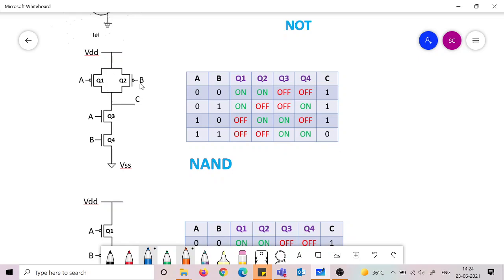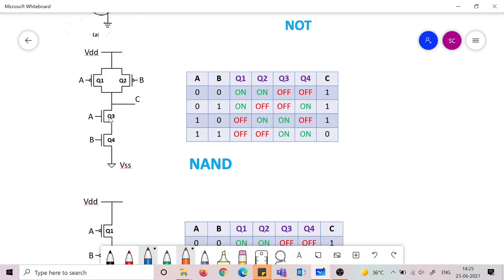Now how do we construct a circuit which gives rise to this sort of behavior? Consider this circuit given on the left hand side, and see what are the complementary MOSFETs. Q1 and Q3 are complementary MOSFETs, because a single signal A is going to them, one in a bubbled manner, another in an unbubbled manner.